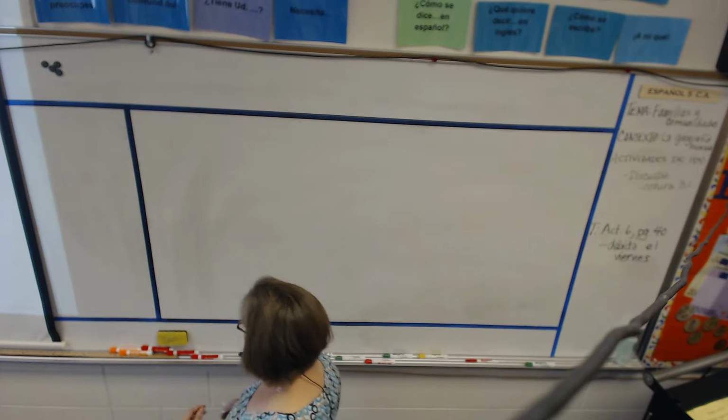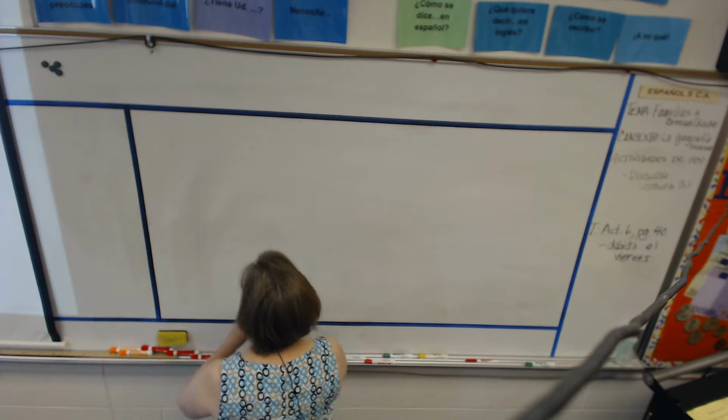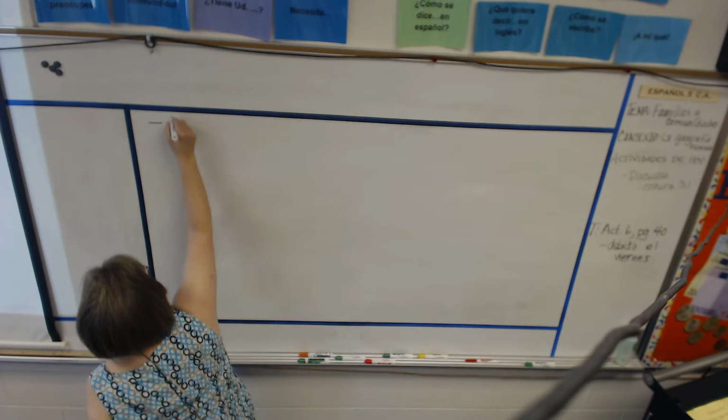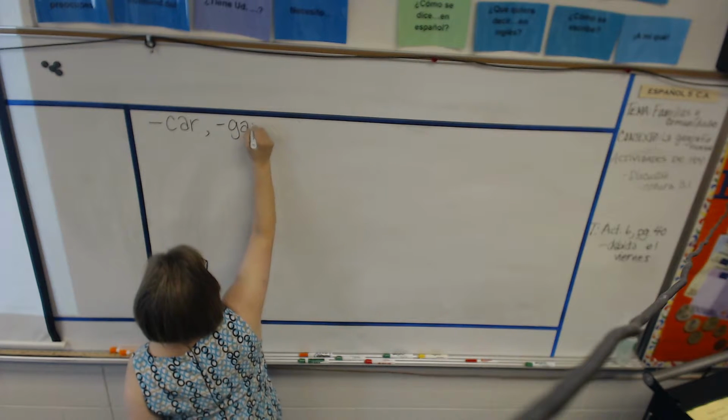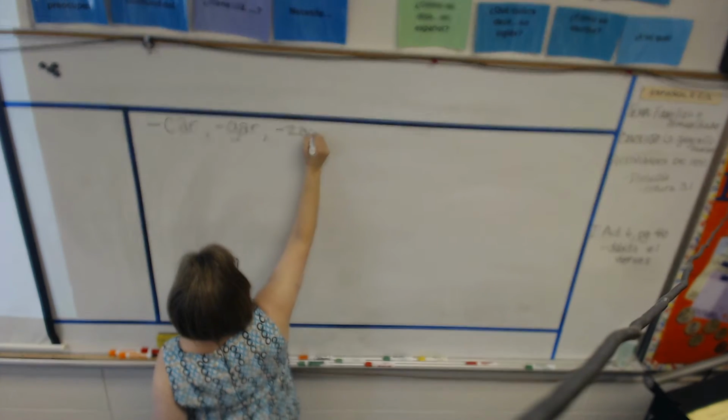So let's take a little time out here and let's talk about what's going on with car, gar, and zar verbs. Why they're a problem for us. Okay? Here's why.